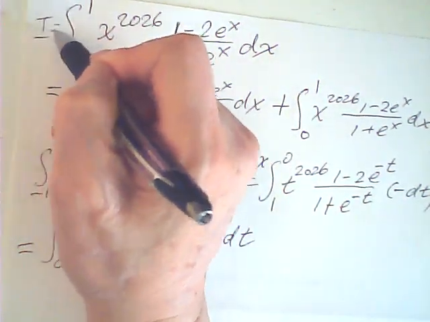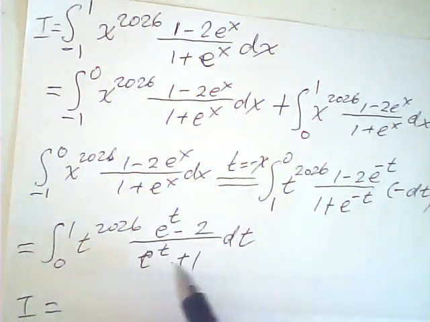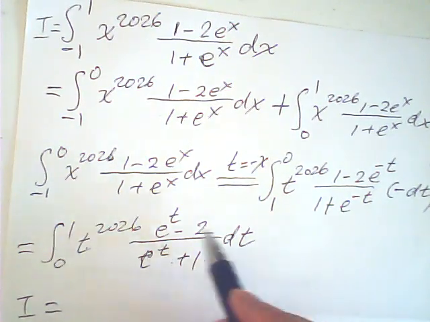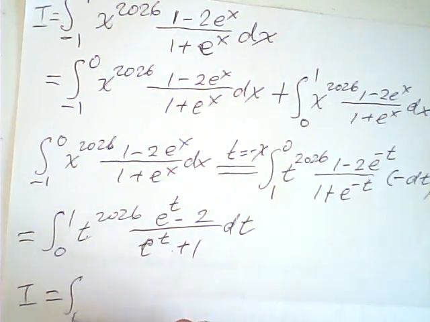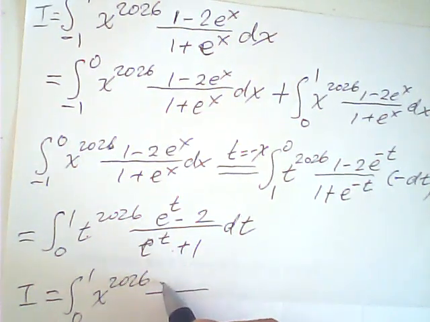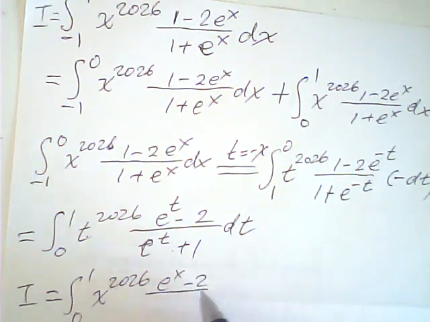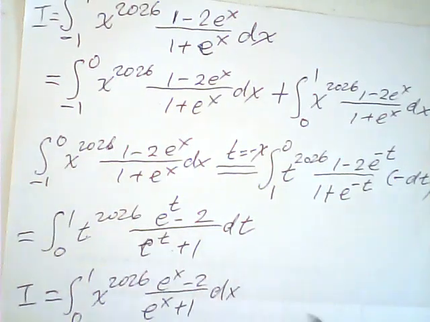This is I. So I is equal to, this has been changed to that, right? And dx and dt is the same thing. x and t are just dummy variables. So this is x^2026 (e^x - 2)/(e^x + 1) dx.